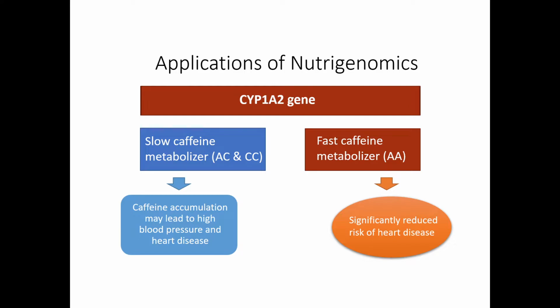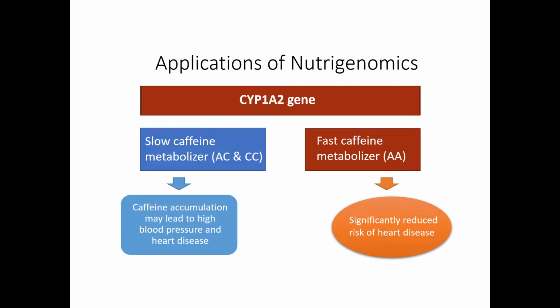So no, people, caffeine would not be good for a slow caffeine metabolizer, somebody who has the CYP1A2 gene, AC or CC. On the other hand, if you have the CYP1A2 gene AA, you are a fast caffeine metabolizer, and there's significantly reduced risk of heart disease. So when you see studies out there that say caffeine is good for people or caffeine is bad for people, don't believe it.